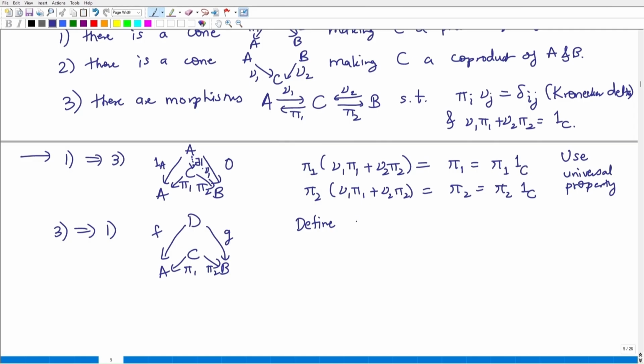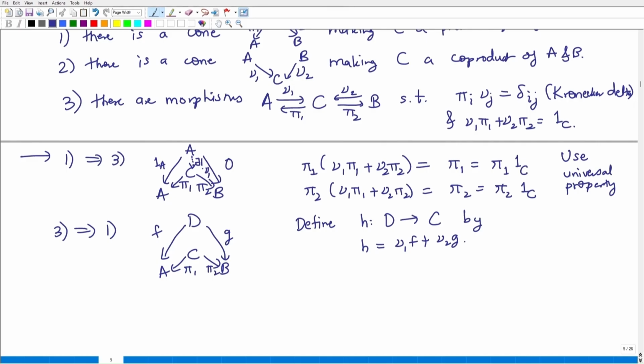Yes, so define a map H from D to C by, I mean the only thing that you can do, nu 1 F plus nu 2 G. Okay, then verify that this works.